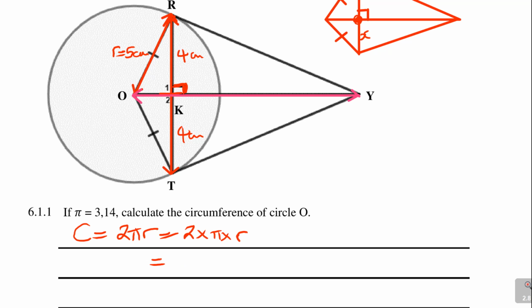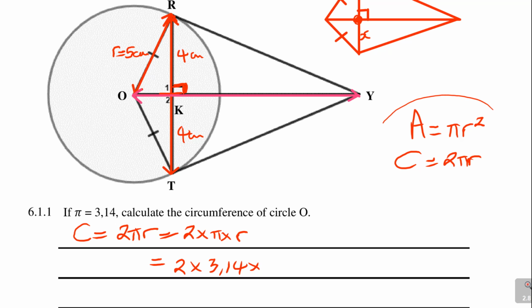They say for pi we use 3.14. You must know these formulas. They don't give them to you, but you must know them. Remember, the area of a circle is pi r squared. The circumference of a circle is 2 pi r.